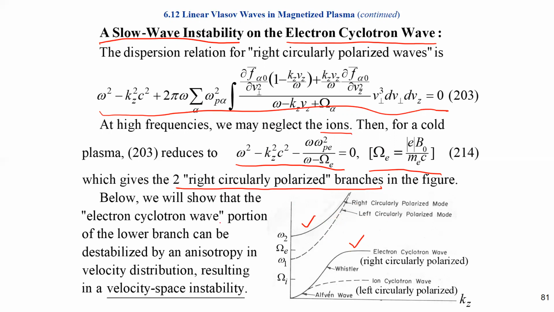Below, we will show that the electron-cyclotron wave portion here, on the lower branch, can be destabilized by an anisotropy in the velocity distribution, resulting in a velocity space instability. 速度空间的不稳定性。Okay, this is the electron-cyclotron wave.